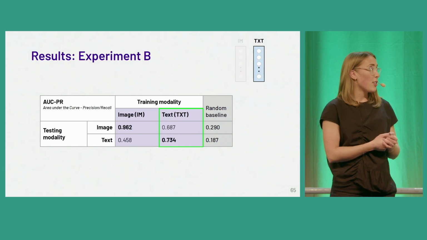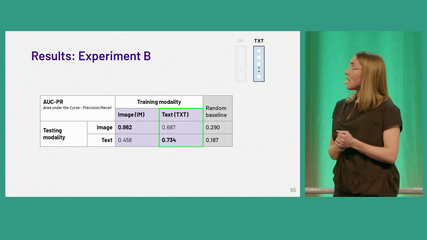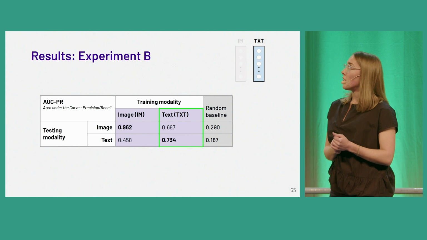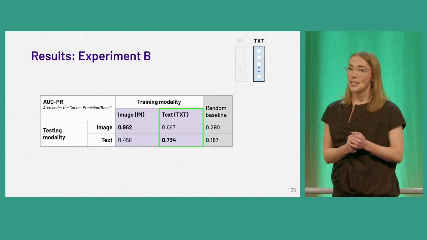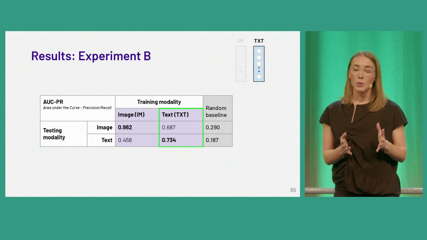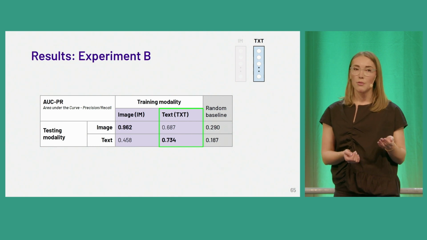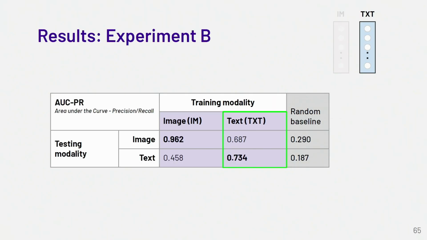Then we can move on to look at the results from experiment B, being the text-trained classifier evaluated on the same image and text test sets. And here we see that when we evaluate on images, we get an OGG score of 0.687. And this is only about 5 points lower than when evaluating on text, meaning the baseline for this experiment.